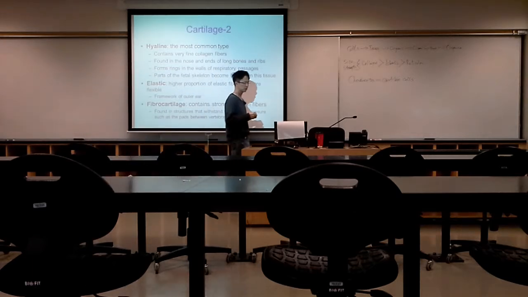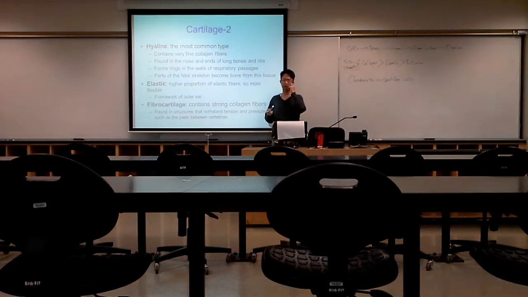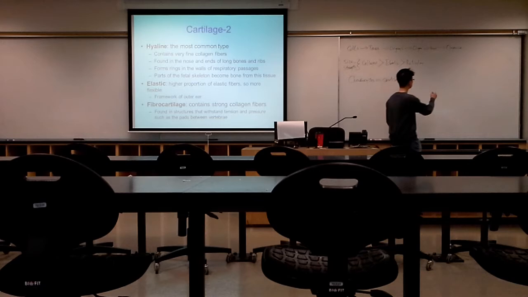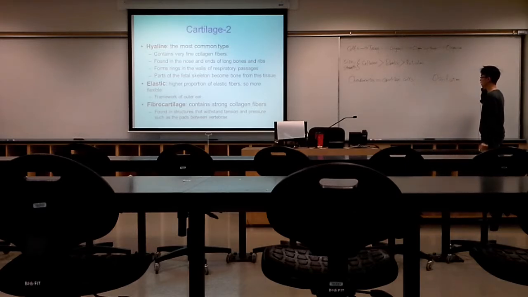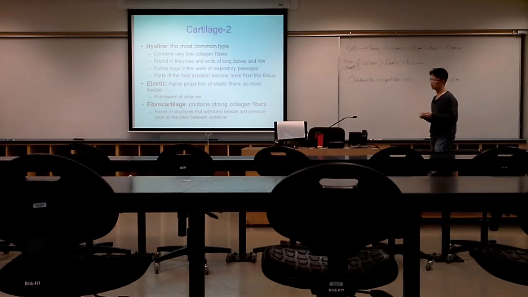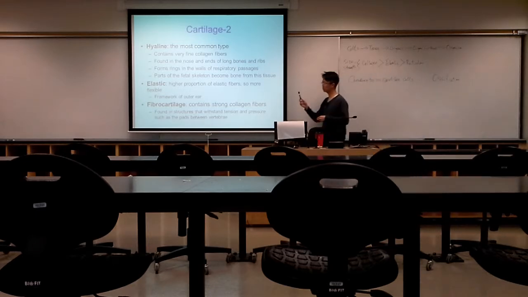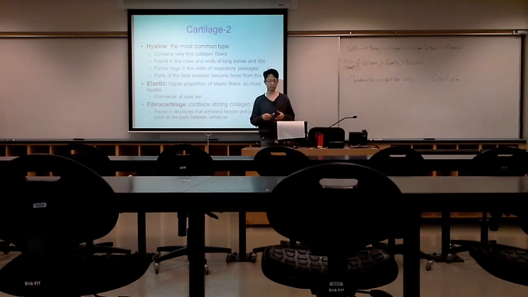But as the fetus matures, when they are born, all the hyaline, all the cartilage, will go through something called ossification. Ossification means the conversion of the cartilage or hyaline into bone, regular compact bone. Then it's called ossification.